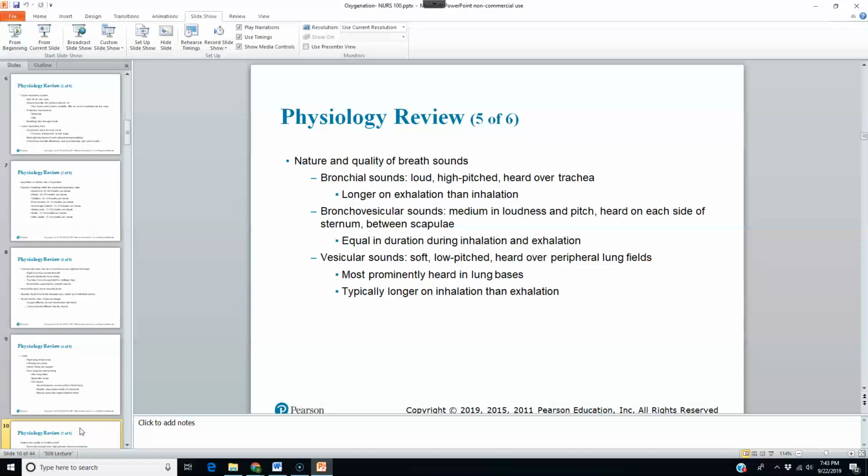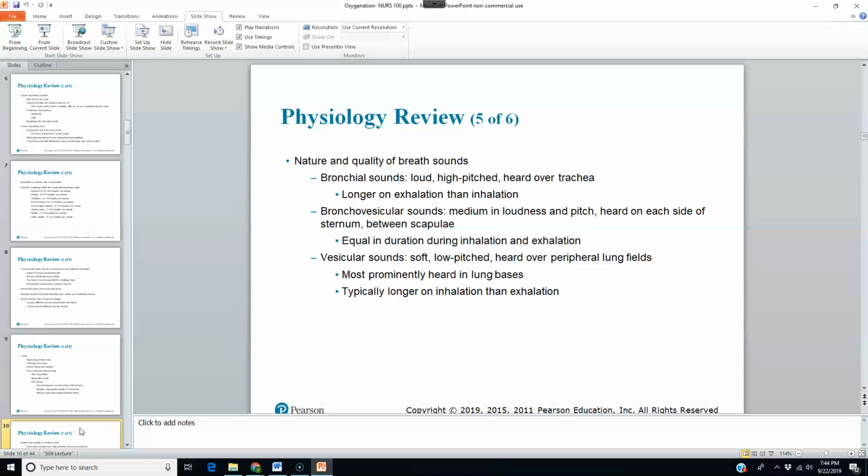This would be evident on a chest x-ray, and by the symptoms your patient may be displaying. They might be more short of breath, and think about it, the more fluid in that pleural space, the harder it is for inhalation and exhalation to occur, because the lungs can't expand as readily.